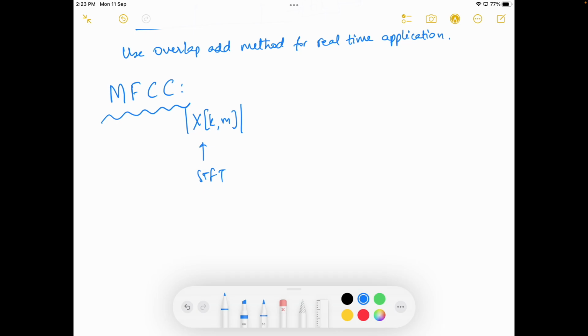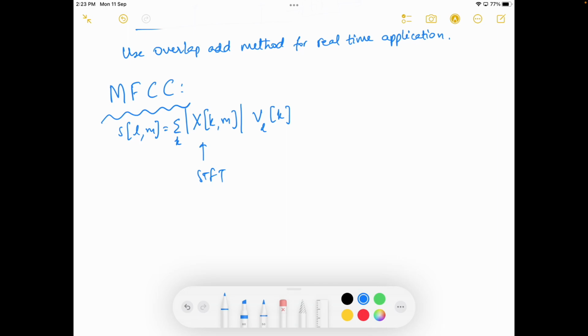What notation did we use that time? V. Right? This V_l is a Mel filter. I hope you remember it, right? It's a Mel filter bank.